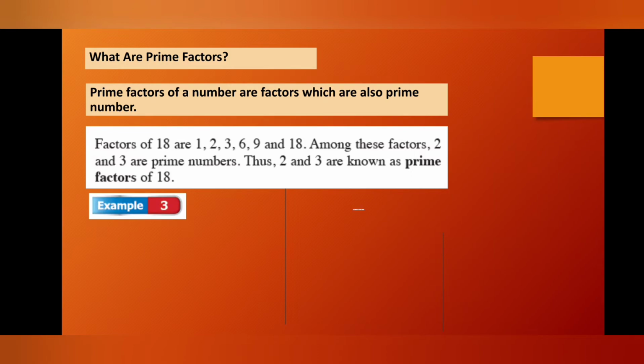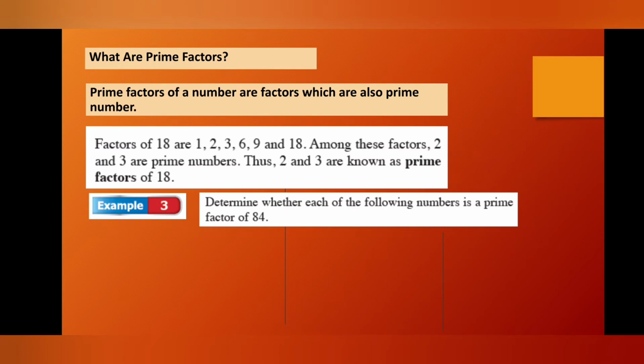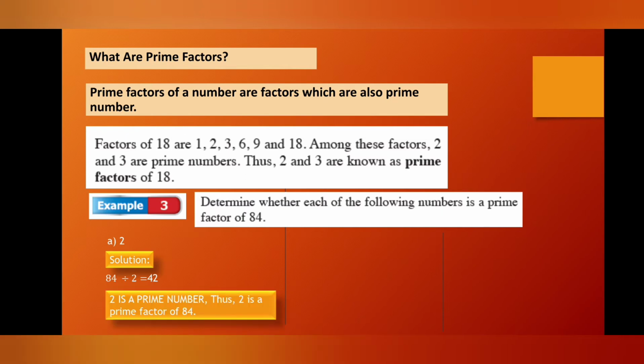Example 3. Determine whether each of the following numbers is a prime factor of 84. A. 2. Solution: 84 divided by 2 equals 42. 2 is a prime number.